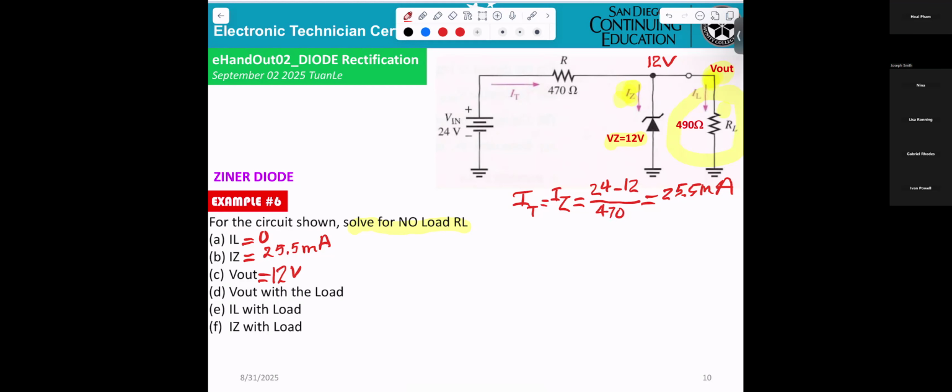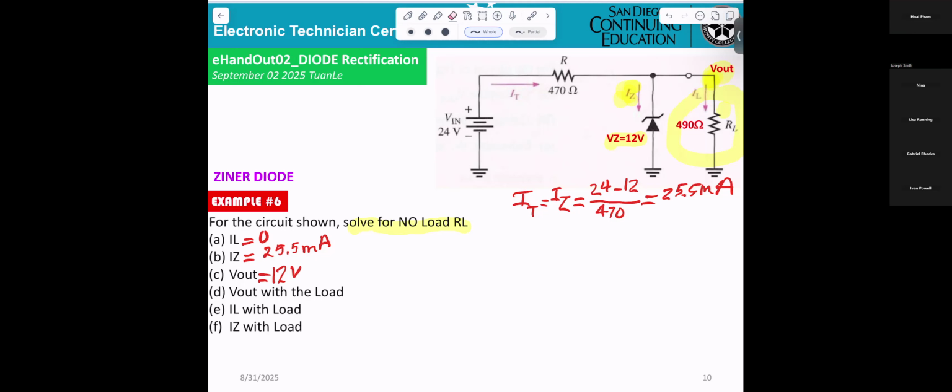So before you do anything, now they add the 490 ohm. So what happens to the Zener now? Again, the key point is you must prove whether the Zener will break down or work normally.